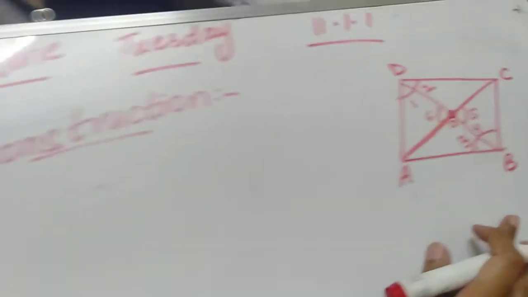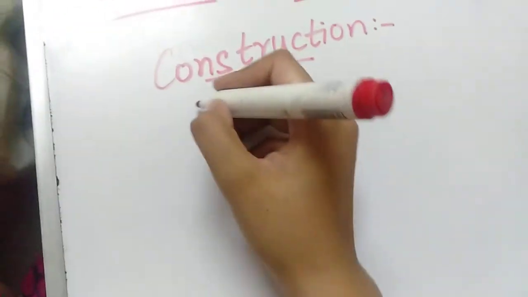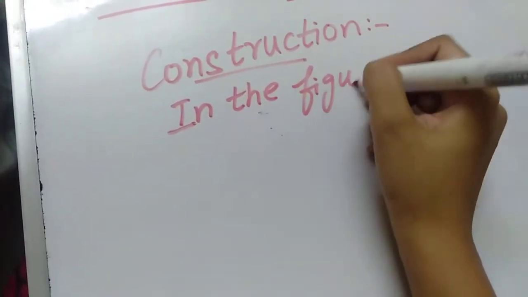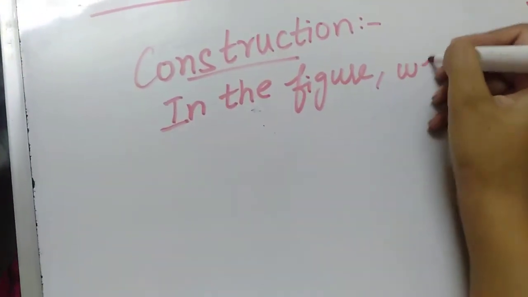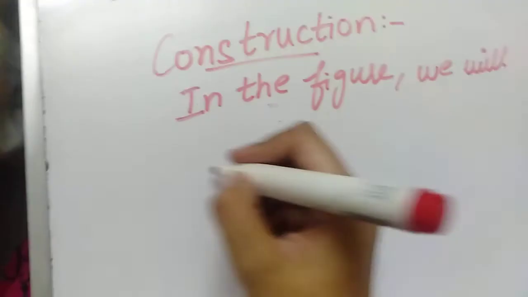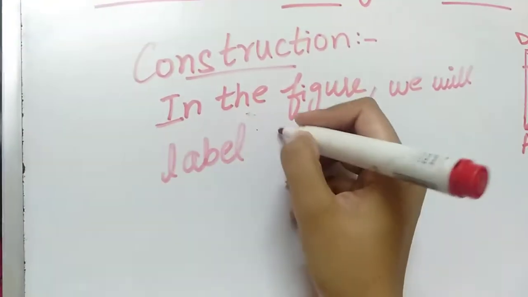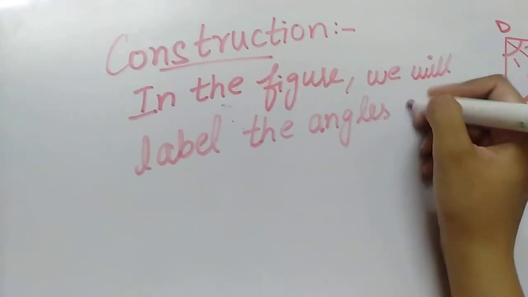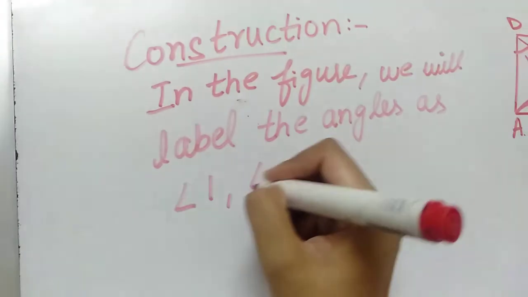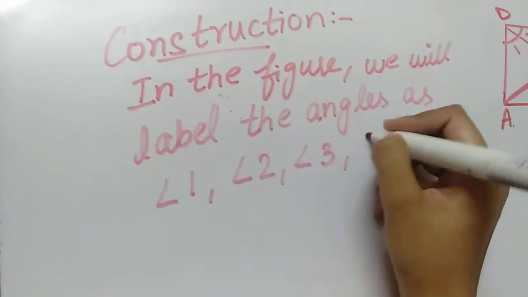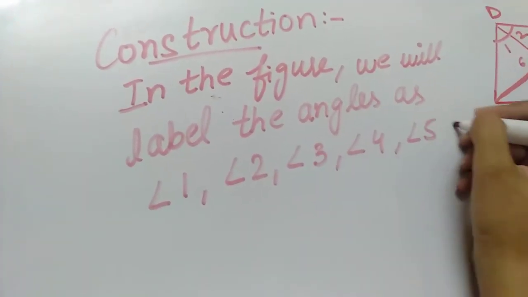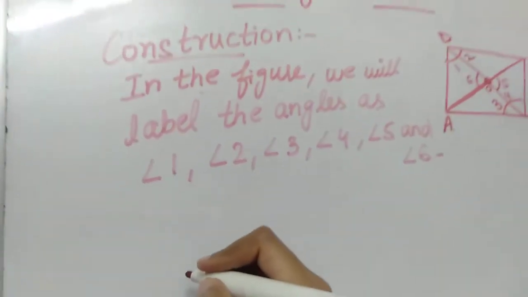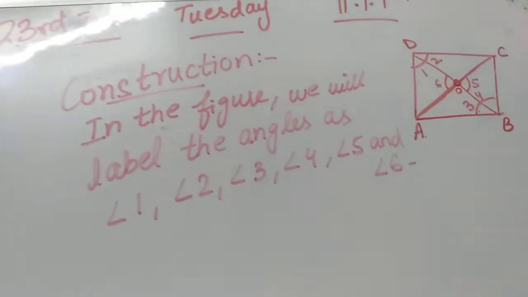So in construction I have named the angles. In the figure, we will label the angles as angle 1, angle 2, angle 3, angle 4, angle 5 and angle 6. So this is our construction statement.